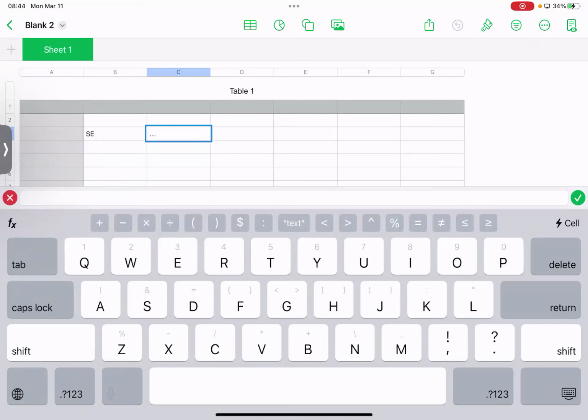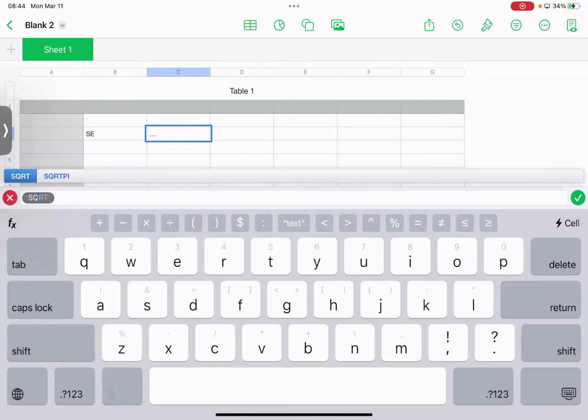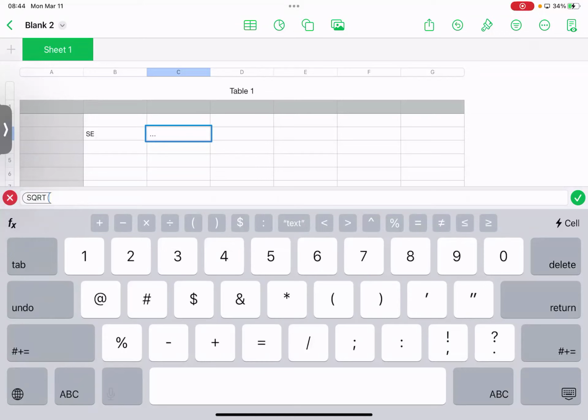So I want the square root of, and then the numerator in brackets 0.5 times 0.5, and bracket divided by 850. And bracket should do it.